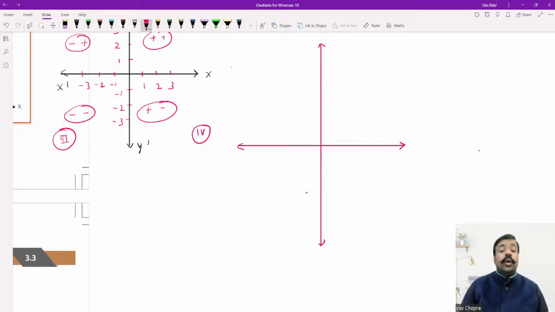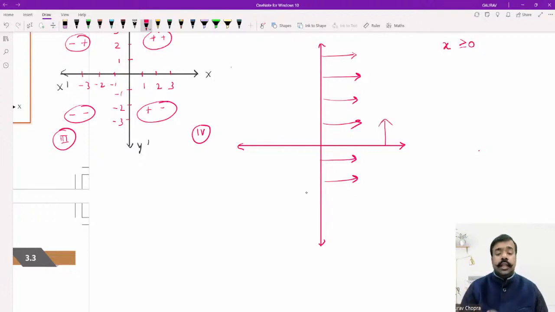Now if we are supposed to mark the value of x which is greater than or equal to 0, the value of x will always be parallel to the y-axis. So let's say we have to mark x ≥ 0. That means y can be anything, but x should be greater than or equal to 0. So what will be the required area? This whole thing will be the required area.